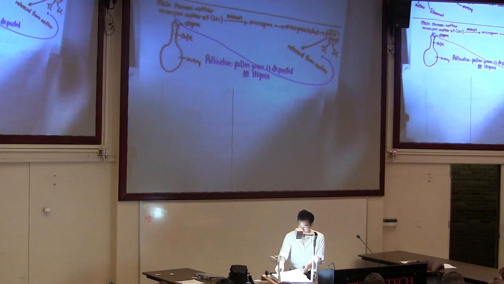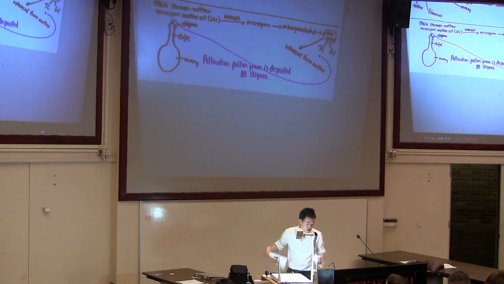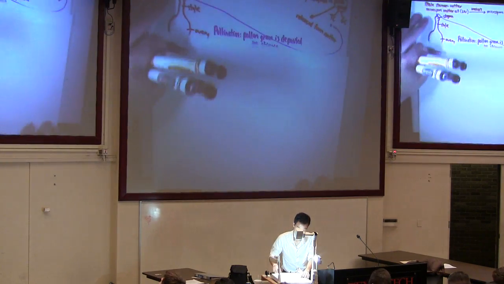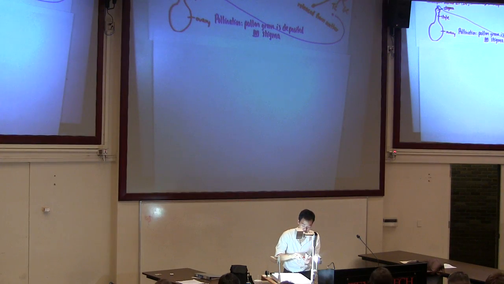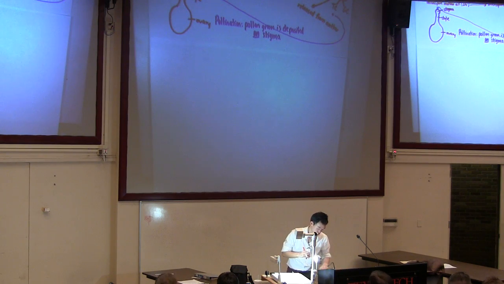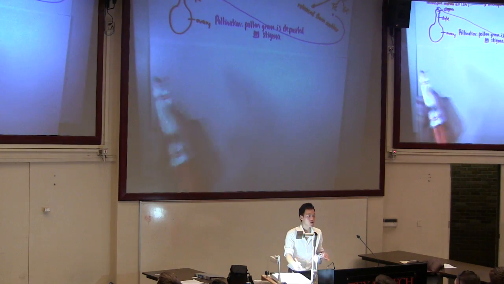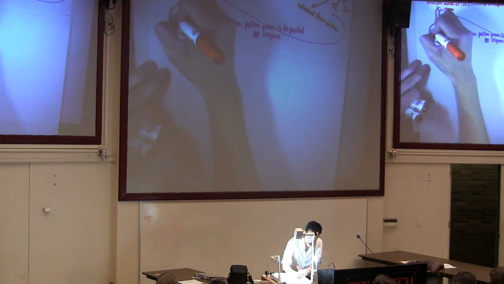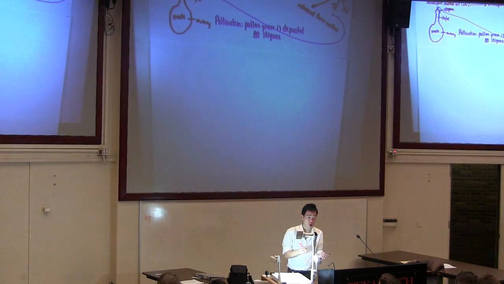So, in the female, stuff is happening too. Now let's look at the female ovary. What's contained within the ovary? Your ovule, right? Your ovule is contained within the ovary, right?